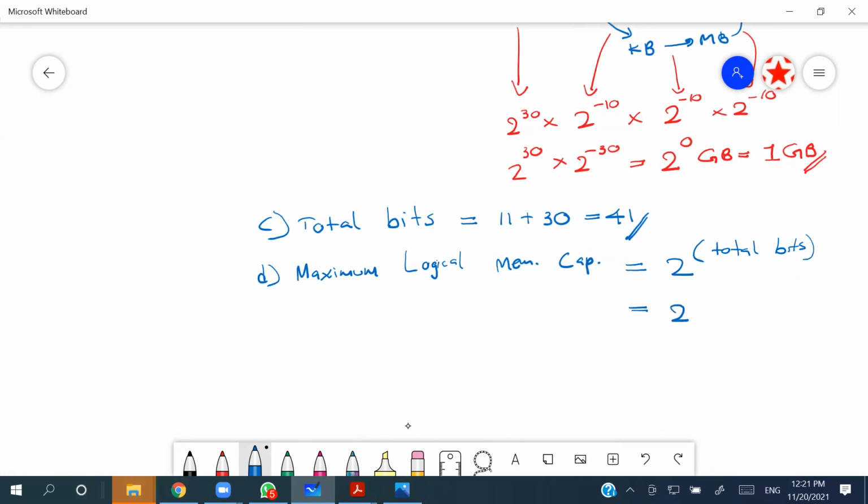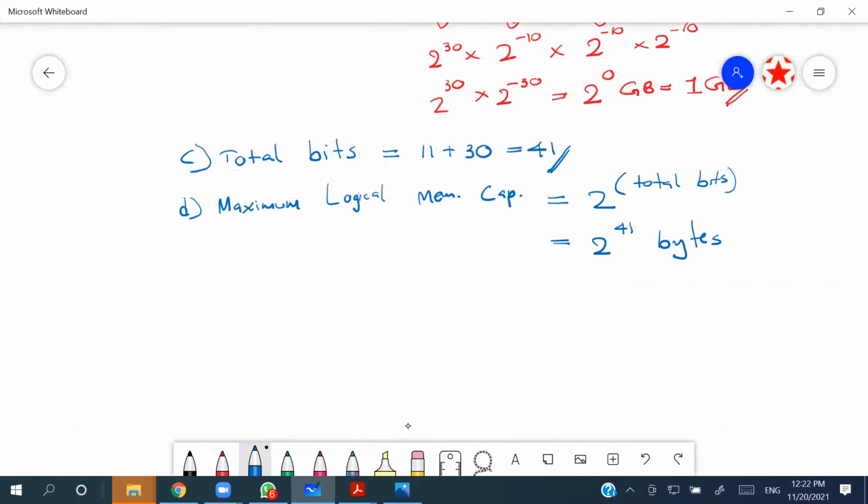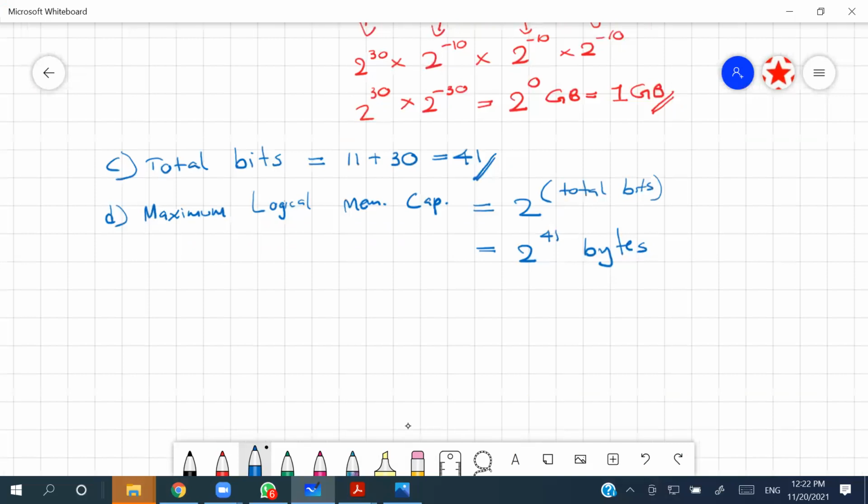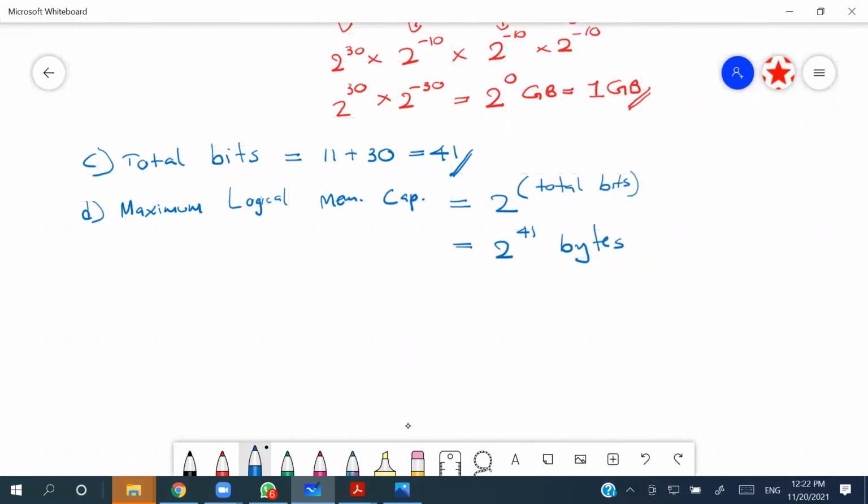So it's going to be 2 to the power 41 bytes. We have to convert this 2 to the power 41 into, I'm sorry, terabytes.